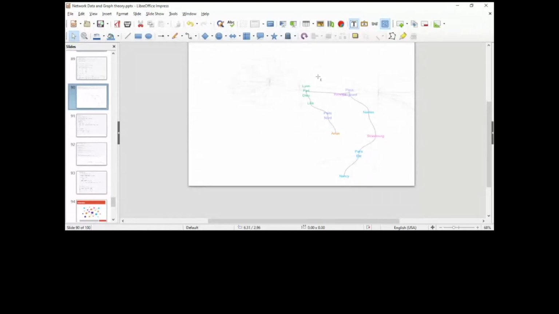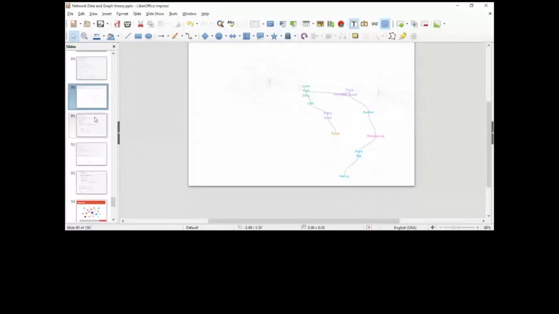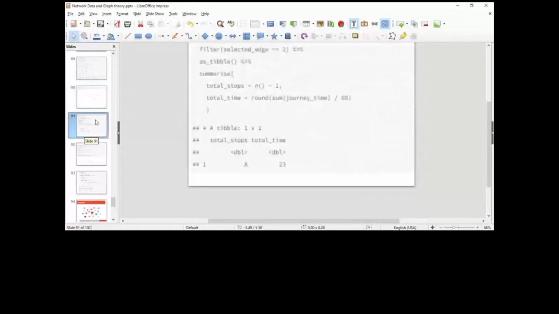That's what this whole code is all about. So that what is the shortest way to go from here to this point? Okay, and that's what we have calculated here, and that's what is being plotted here. All right.